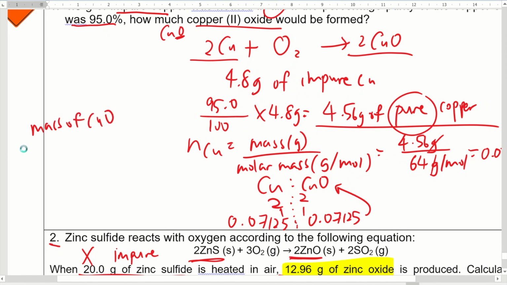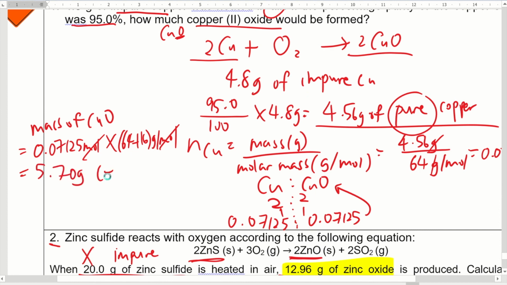The mass of copper 2 oxide will be 0.07125 moles multiplied by my molar mass, which is 64 plus 16 gram per mole. I calculate, the mass will be 5.70 gram, 3SF.